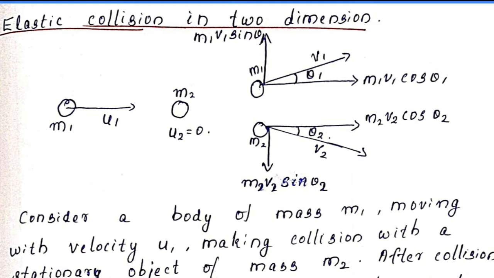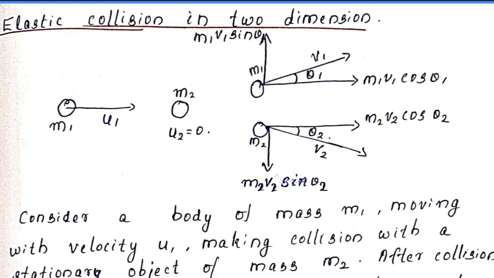That's what we did in one dimension. But in two dimensions, we have altogether four unknowns, so we need at least four mathematical equations. That is the first step: we have to frame four mathematical equations.